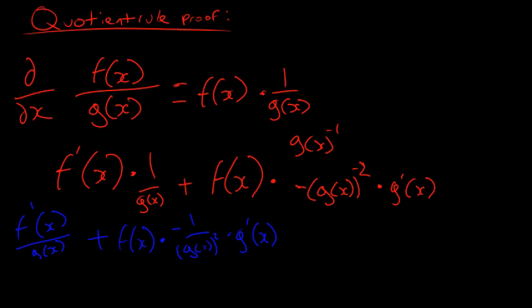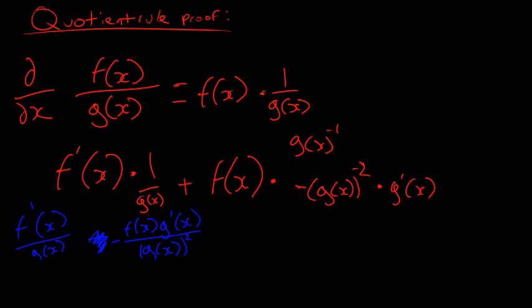What we can do here is change it so everything goes into the top, such that it is just f of x times g prime of x, with the minus at the front of the fraction, over g of x squared.